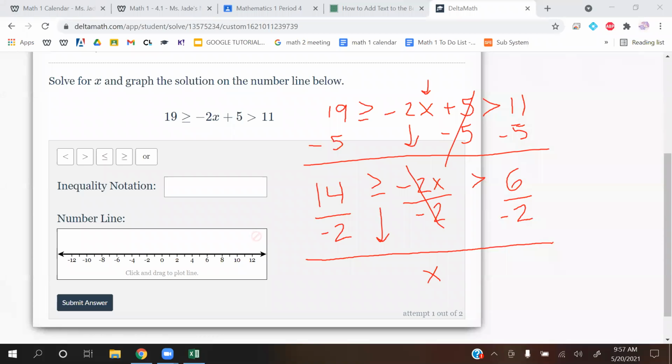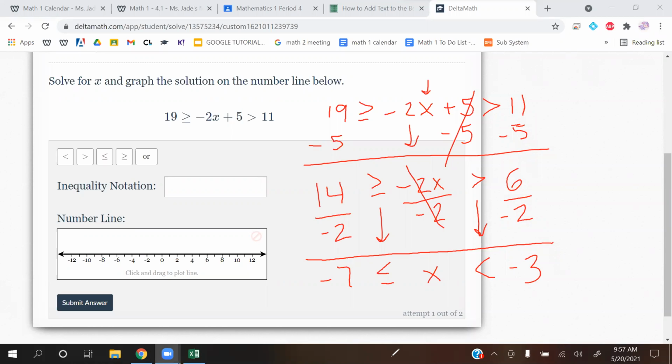So instead of a greater than or equal to, it's a less than or equal to. So they flip now. Because I divided by a negative, I must flip the sign. That greater than becomes a less than. Notice that they are flipping because I divided by a negative. And then 14 divided by negative 2 is negative 7. 6 divided by negative 2 is negative 3. So this is our final answer.